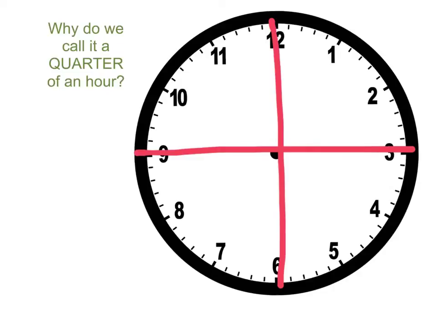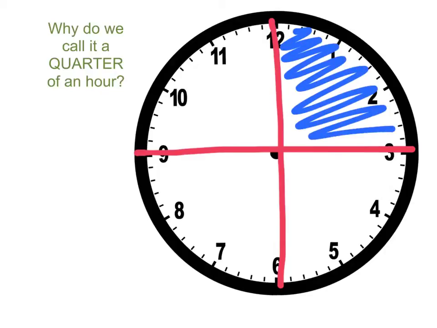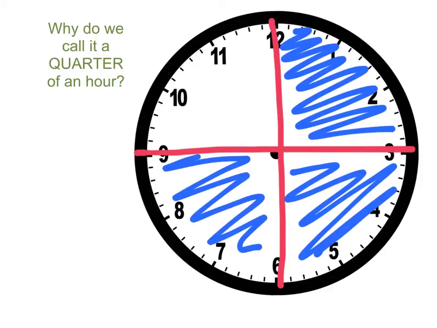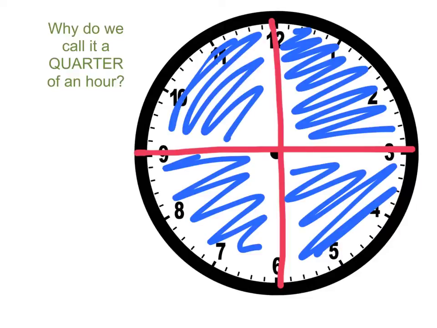This clock is divided or cut into 4 pieces. This section is 1/4 of the clock. We would call that a quarter of the clock. Here's another 1/4. Here's another 1/4, 1 out of 4 pieces, and here's another 1/4.